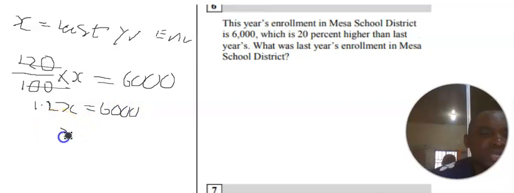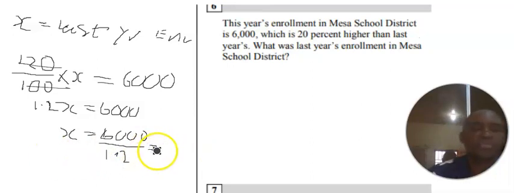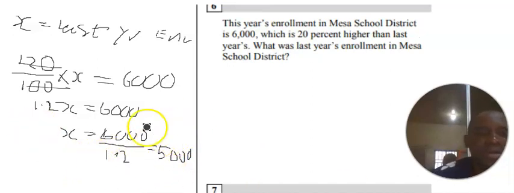So it means therefore that X, which is last year enrollment, is equal to 6,000 divided by 1.2. That will give us 5,000. So 5,000 persons actually enrolled into Mesa School last year.